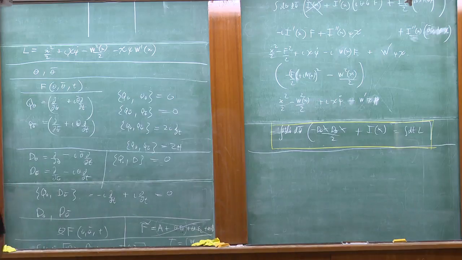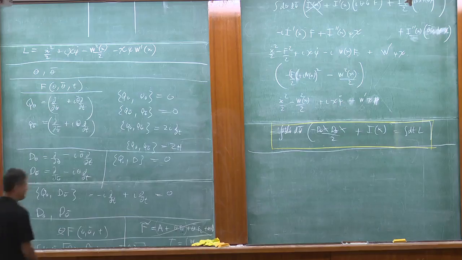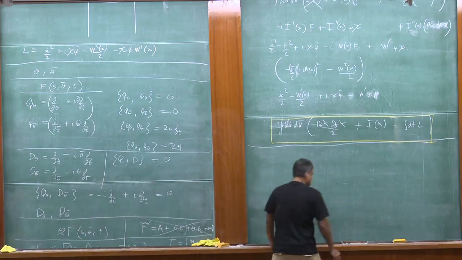Well, we know what operator generates supersymmetry because we studied it from the Hamiltonian point of view. So, what are the supersymmetry transformations? Are they generated by that operator?